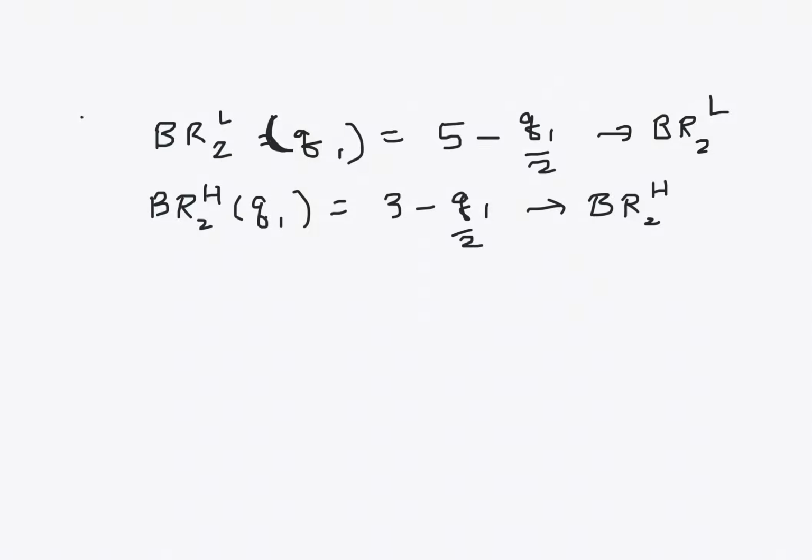So basically, what you're going to do is put these in. This is the value of Q2H, and this is the value of Q2L, right? So you're going to plug these back into the best response function of firm 1. Wherever you have Q2L and Q2H, you plug these back and then solve for Q1. Then whatever value you get for Q1, you bring it back and plug in here and solve for Q2H and Q2L.